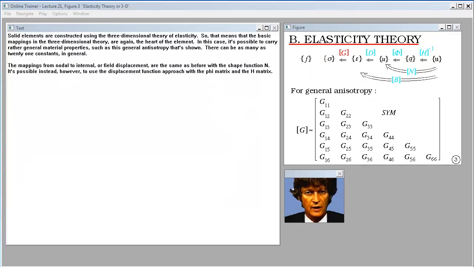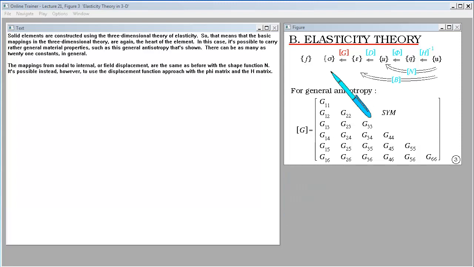Solid elements are constructed using the three-dimensional theory of elasticity. So that means that the basic mappings in the three-dimensional theory are, again, the heart of the element. In this case, it's possible to carry rather general material properties, such as this general anisotropy that's shown.